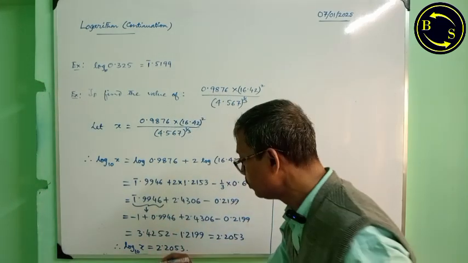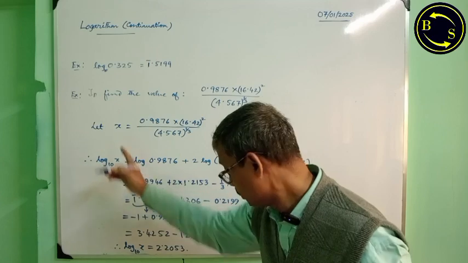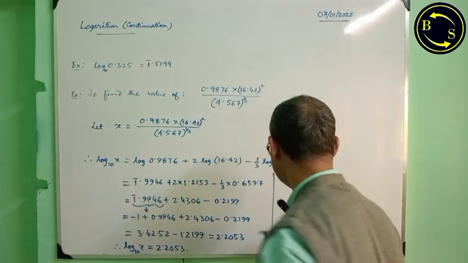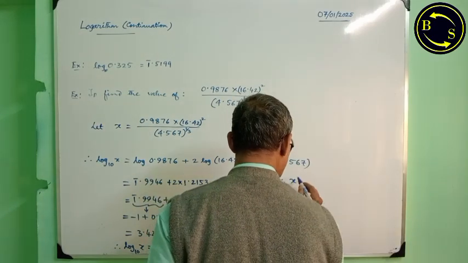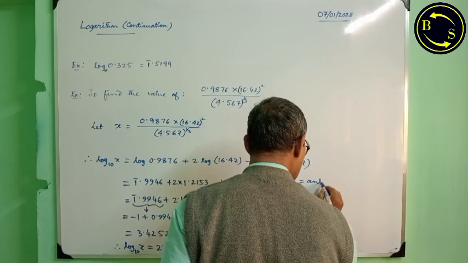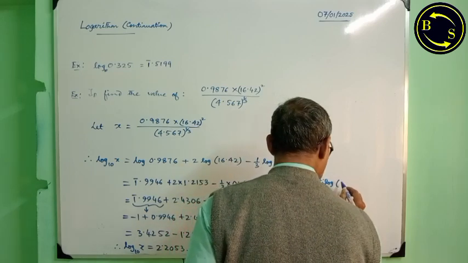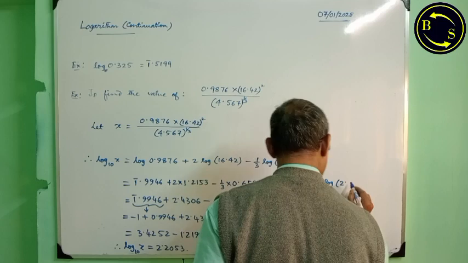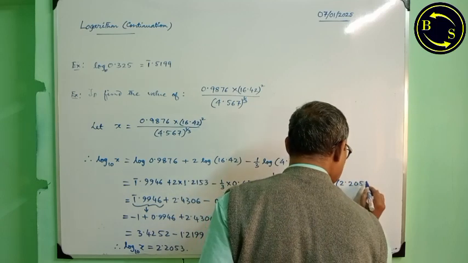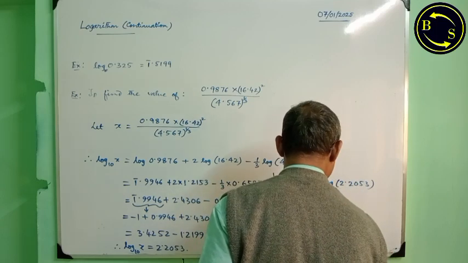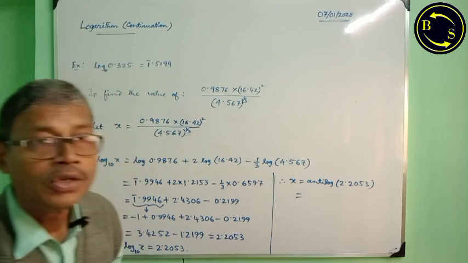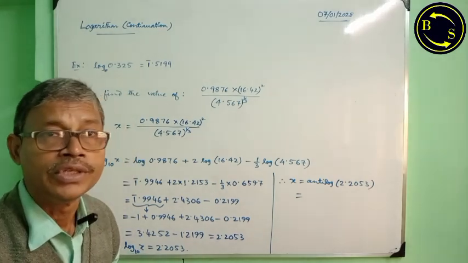Now to get the value x, we have to take the antilog. Therefore x is equal to antilog 2.2053.